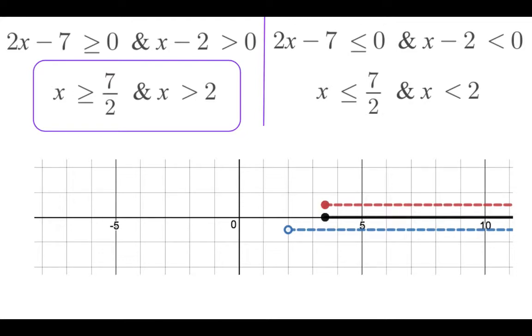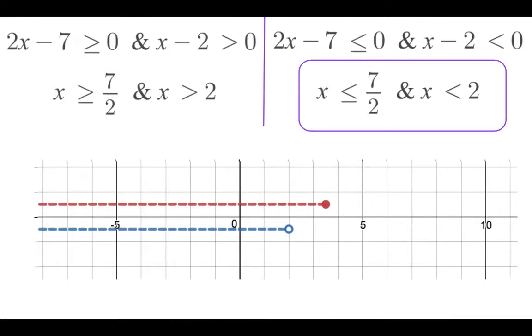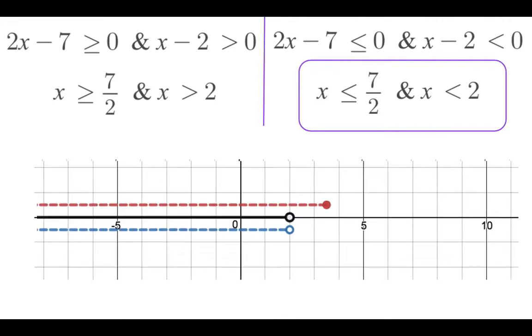Okay? And then looking at the other side, we have x is less than or equal to 7/2 in the red, and x is less than 2 in the blue. Where those two overlap, that's the intersection. We have then, of course, just x is less than 2.